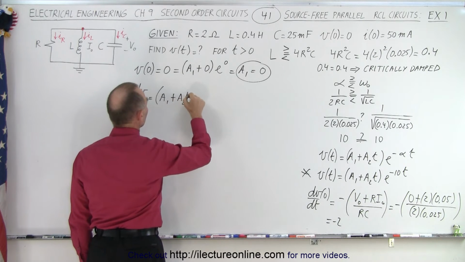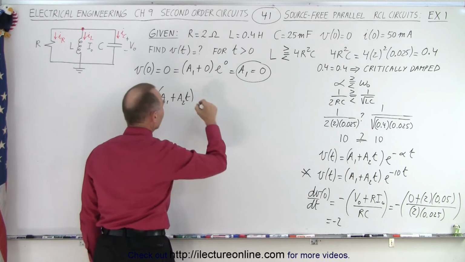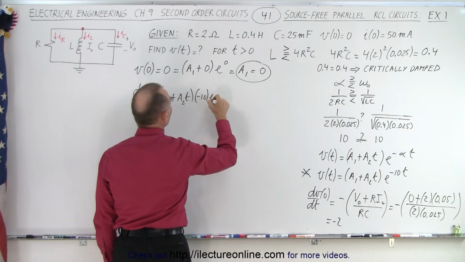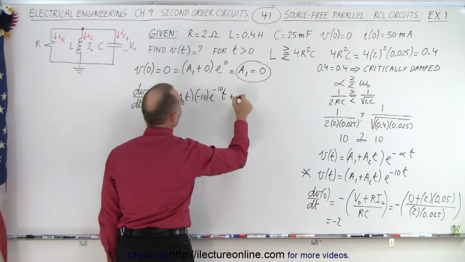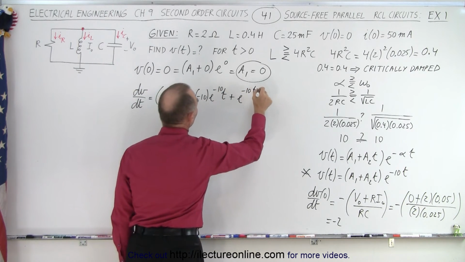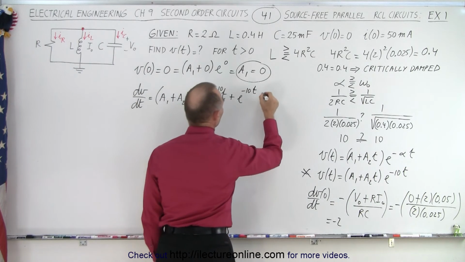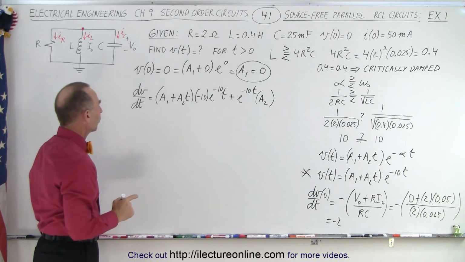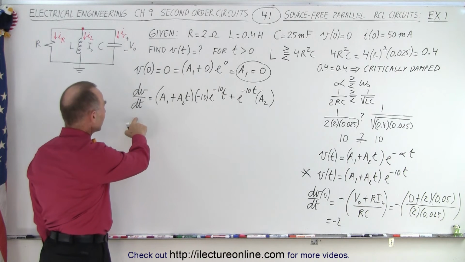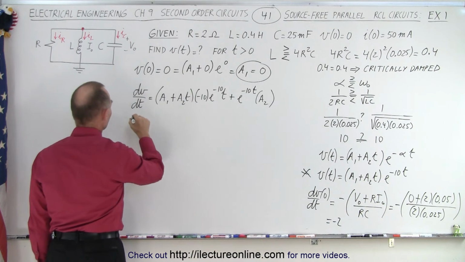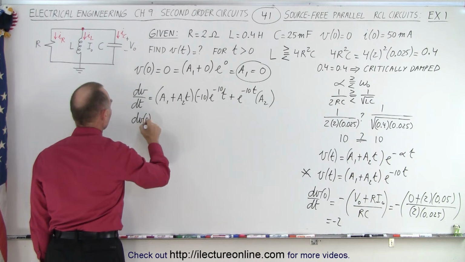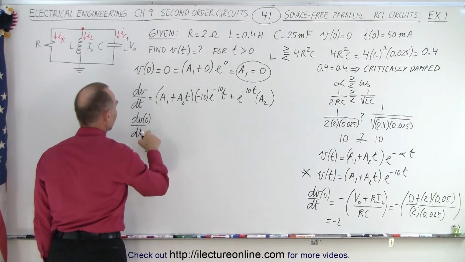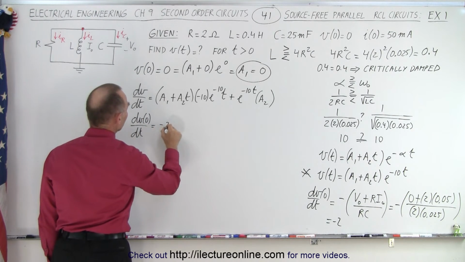It's the first times the derivative of the second, which is minus 10 times e to the minus 10t, plus the second, e to the minus 10t, times the derivative of the first, which is simply A2. And we now know that dV/dt when t is 0 is equal to minus 2.